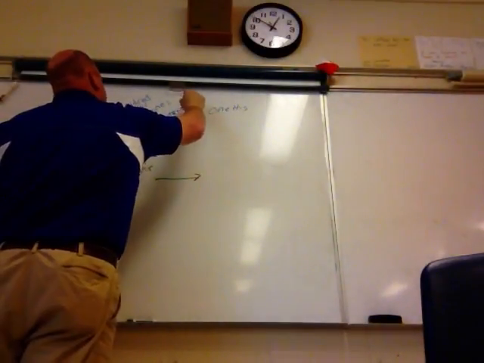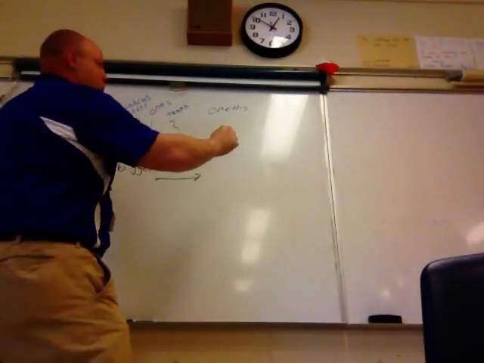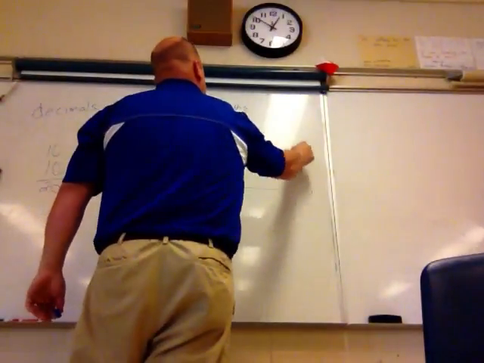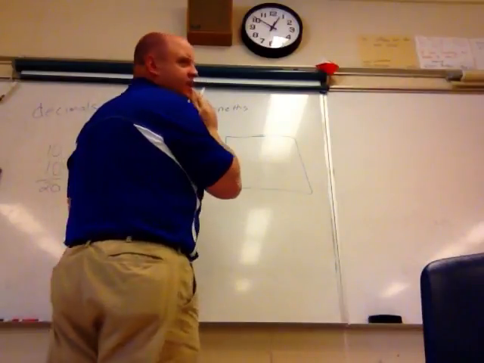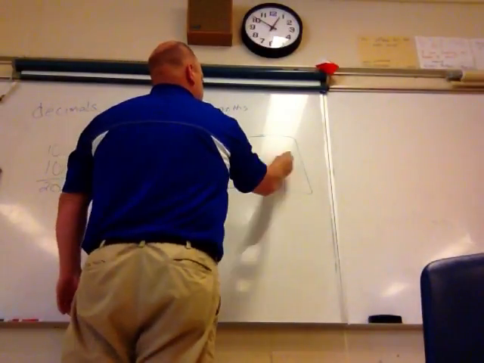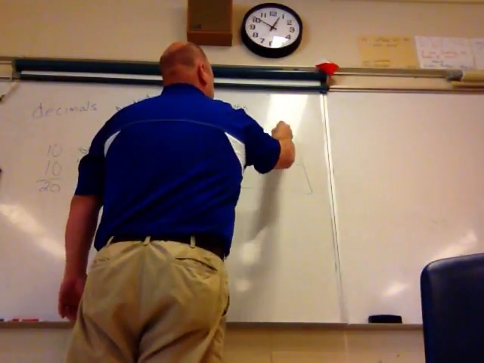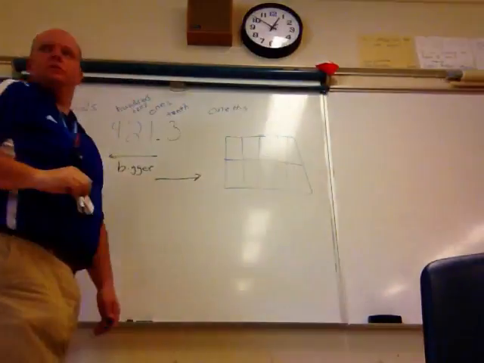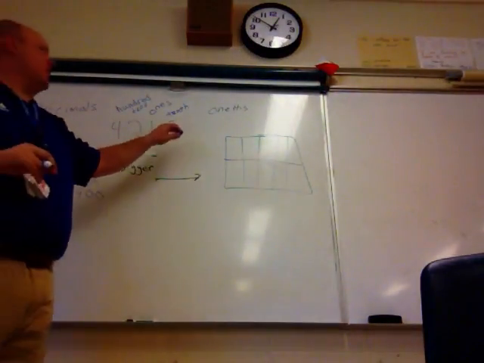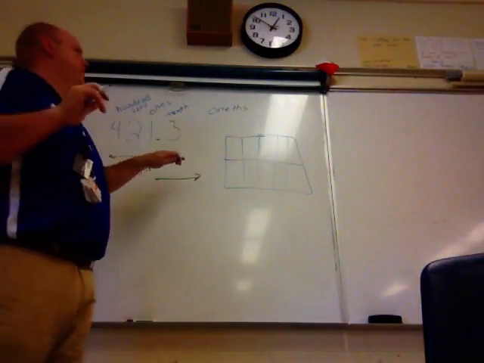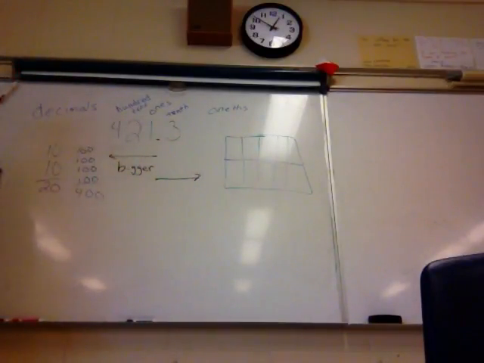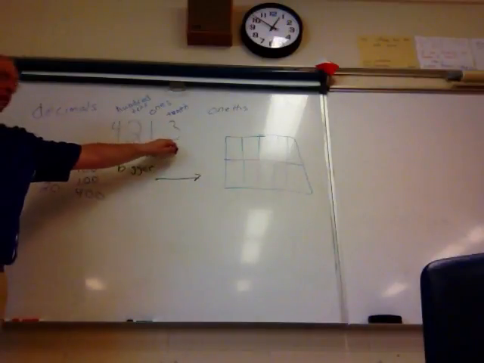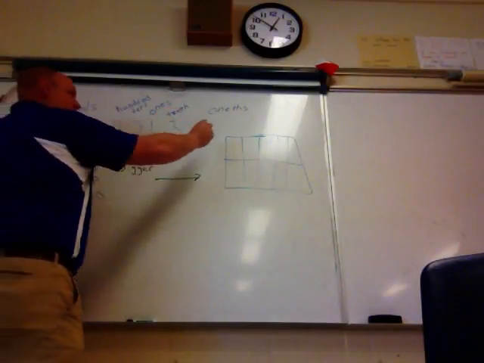So if we think about it, we're going to take this one whole, and we're going to break it up into 10 equal parts. Kind of like a fraction. 1, 2, 3, 4. We're going to take one whole, and we're going to break it up into 10 equal parts. So each one is worth one of these.